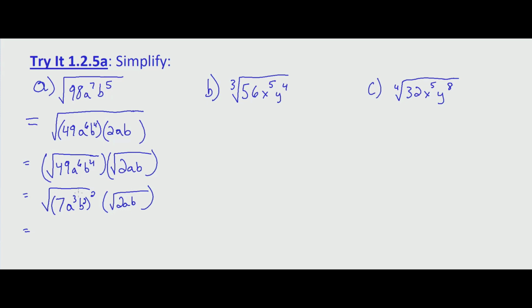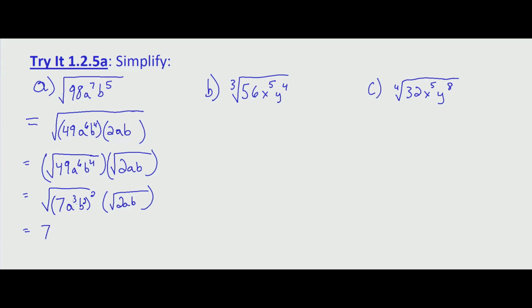Now when we take the square root of this, we will get the values that are inside the parentheses, but at the same time, we have to remember our absolute value rules. So with 7, that's just a number. The square root of 7 squared is just 7.